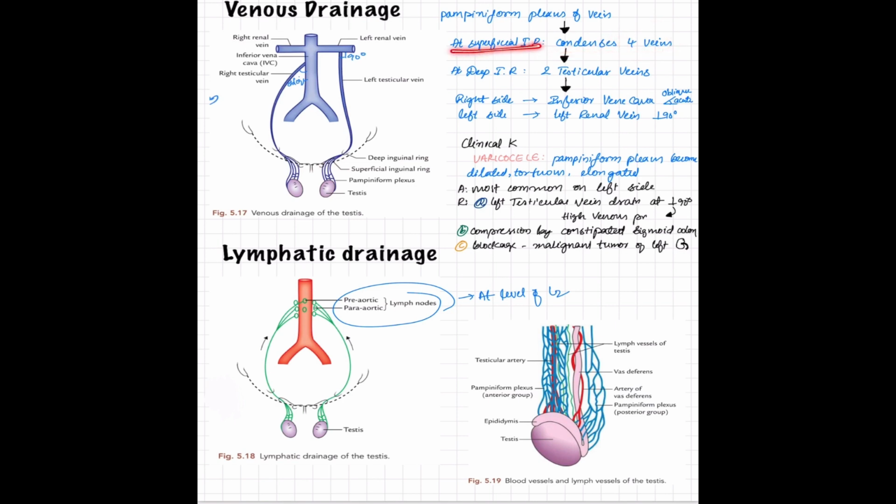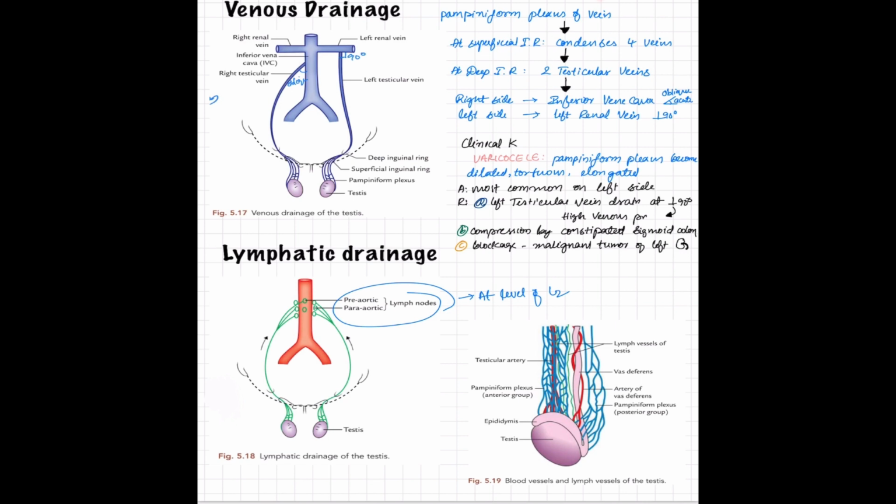At what level is important? At the superficial inguinal ring it condenses into 4 veins, while at the deep inguinal ring it condenses into 2 testicular veins.